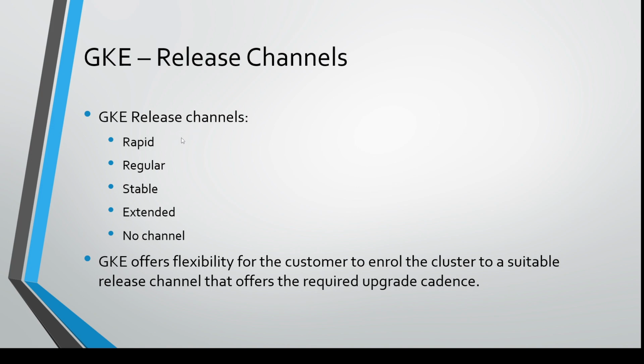These are the different release channels that Google provides you with: rapid, regular, stable, extended, and no channel. We'll talk about these release channels in more detail in a different video. For an overview, with rapid, you get your cluster upgraded to newer releases as soon as they become generally available, after they've been tested for some time by the open source community.